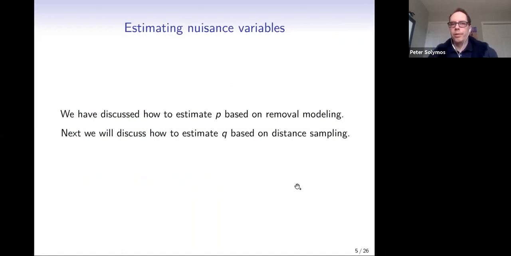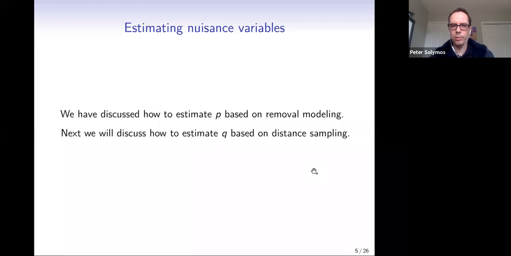So this is where we were at. We were trying to estimate these nuisance variables so that we can adjust our observed counts for these things. And as a result, we're hoping to get abundance or density, abundance per unit area, once we take these into account.